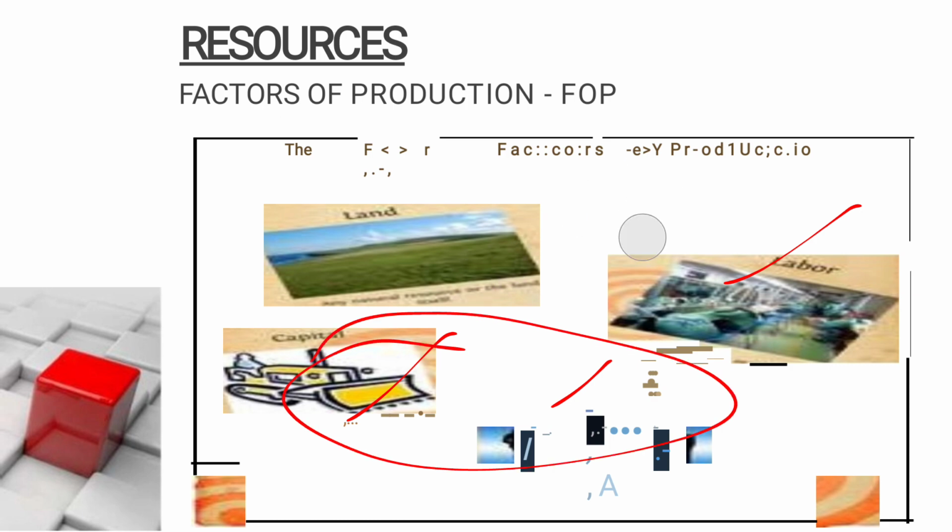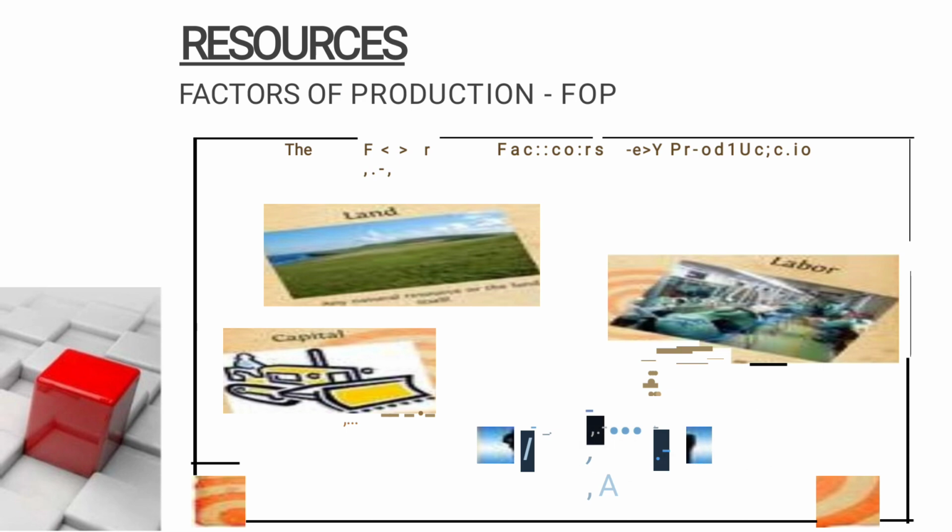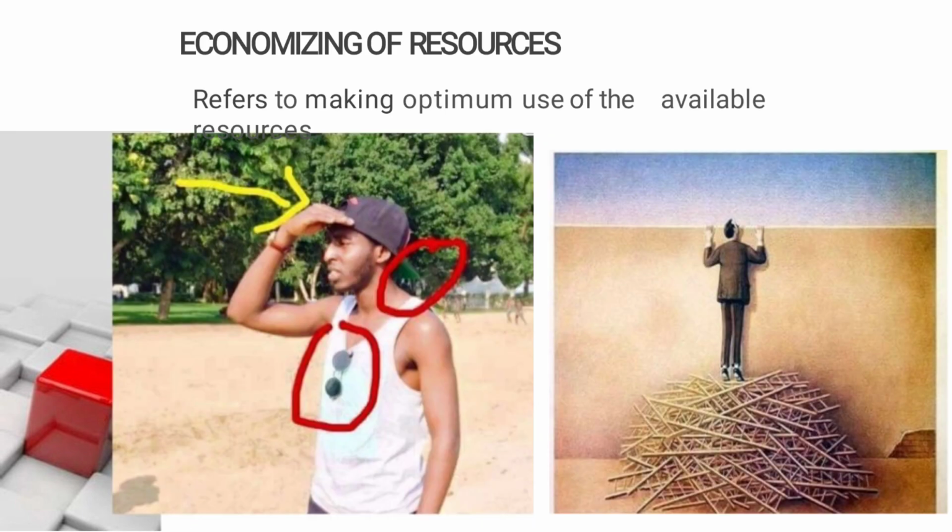So what is a primary source? Land and labor are supposed to be primary source created by nature. Capital and organization are supposed to be secondary factors because they are man-made factors as such. Next is what we are supposed to do.